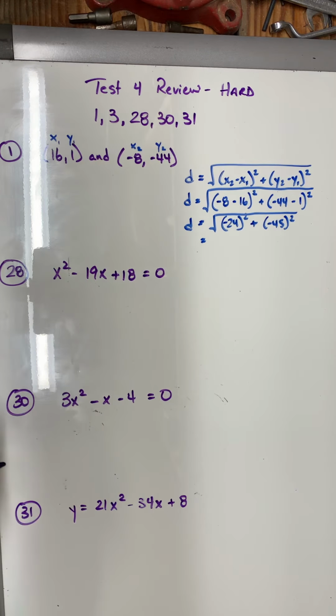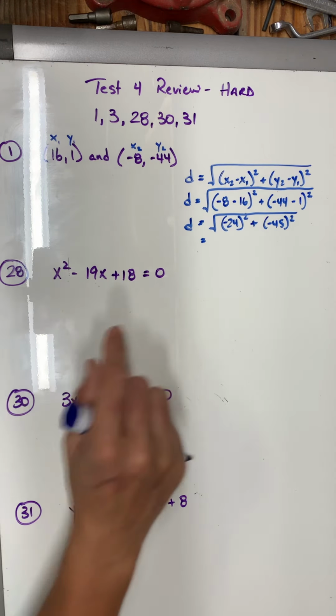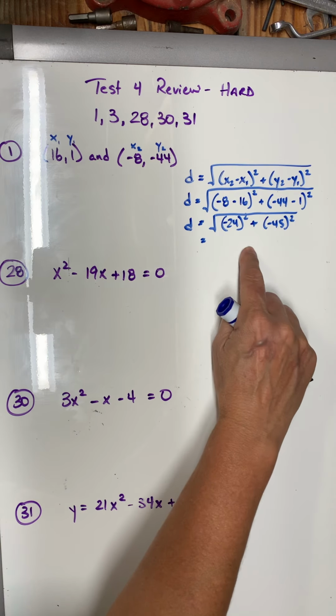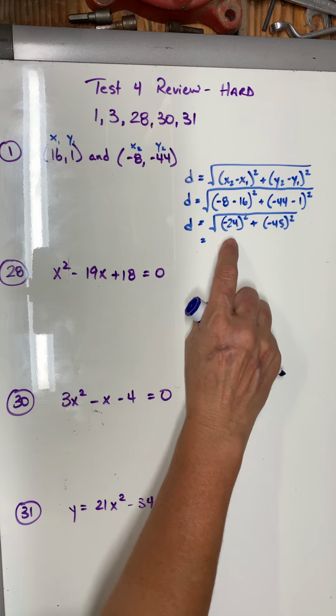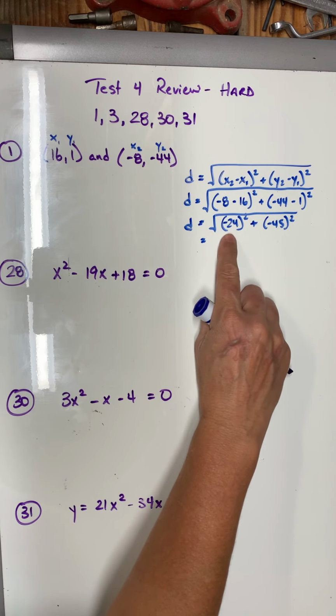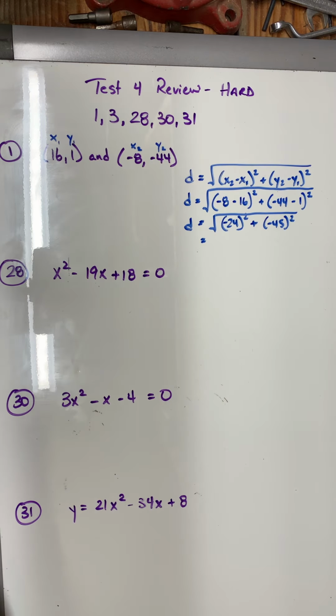So -24 squared, just remember that -24 times -24 will give you a positive answer. If you get a negative answer on your calculator, it's probably because you did not put -24 in parentheses.